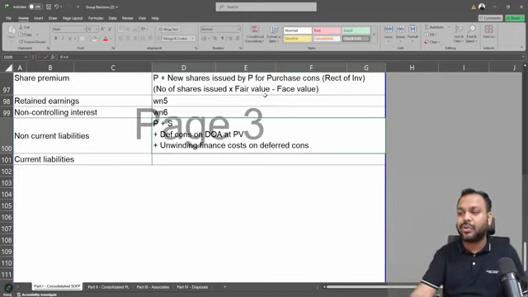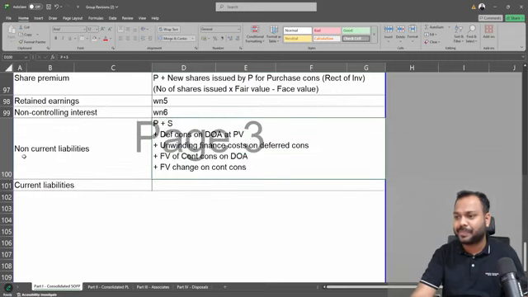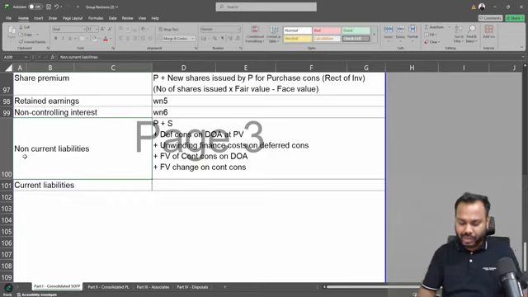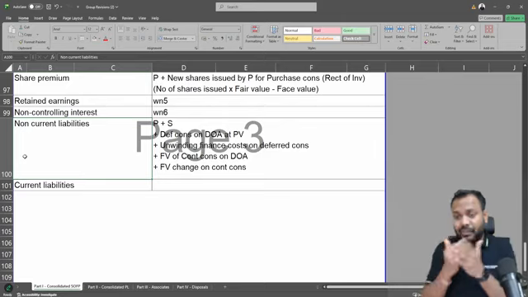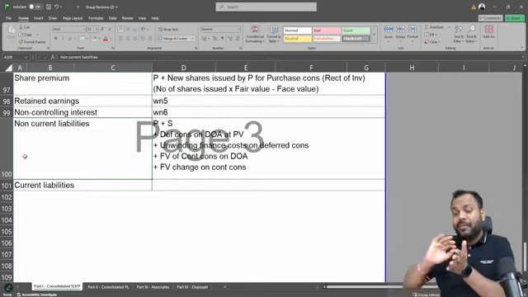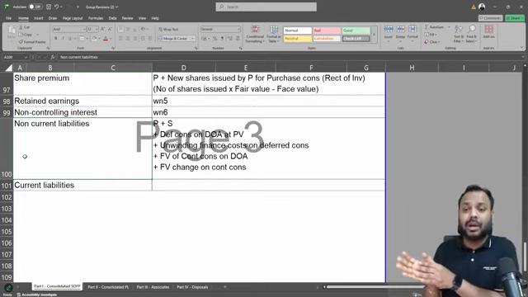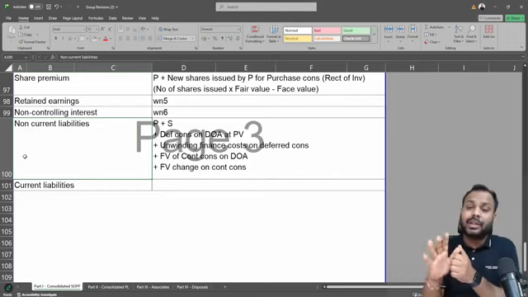So this is also to be accounted for. So this will give you the value of non-current liabilities. But be mindful, guys, in the exam whether this deferred consideration or contingent consideration is a non-current liability or a current liability. If it is to be paid within 1 year, current. If it is to be paid beyond 1 year from the end of reporting date, then it's non-current.